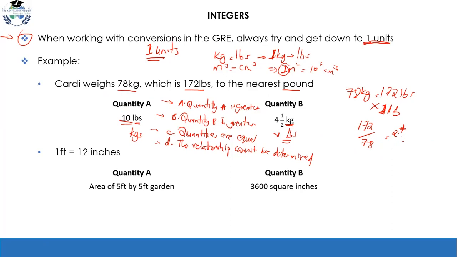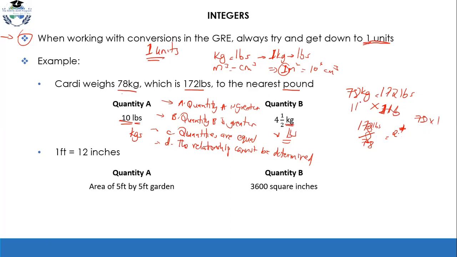I don't need to know the exact decimal point here. I just need to know that 78 is going to go into 172 two point something times. So it's just going to be 2 plus something.